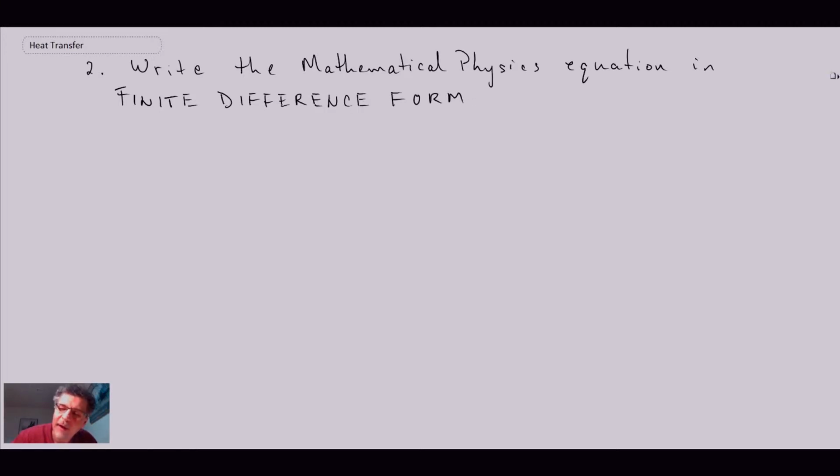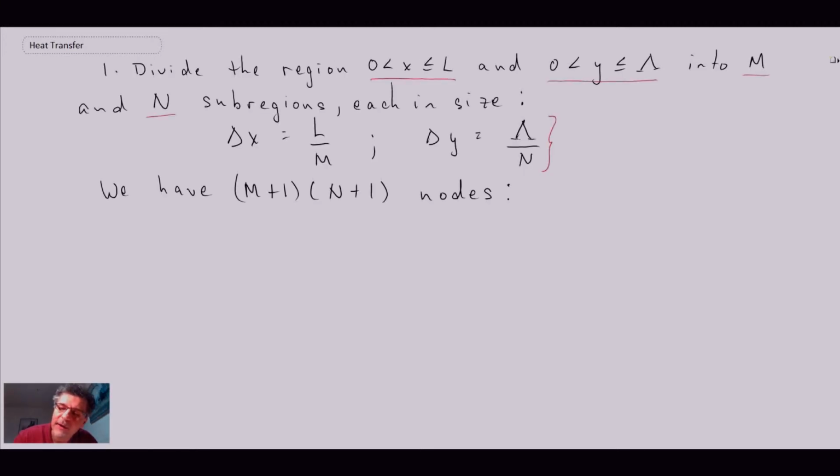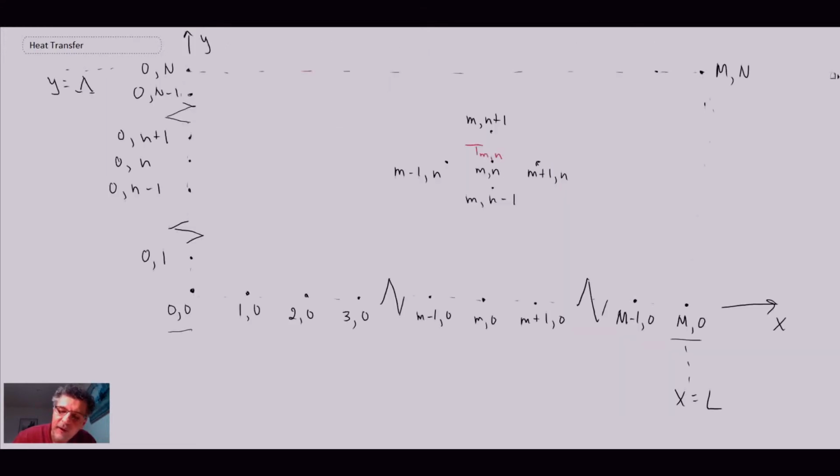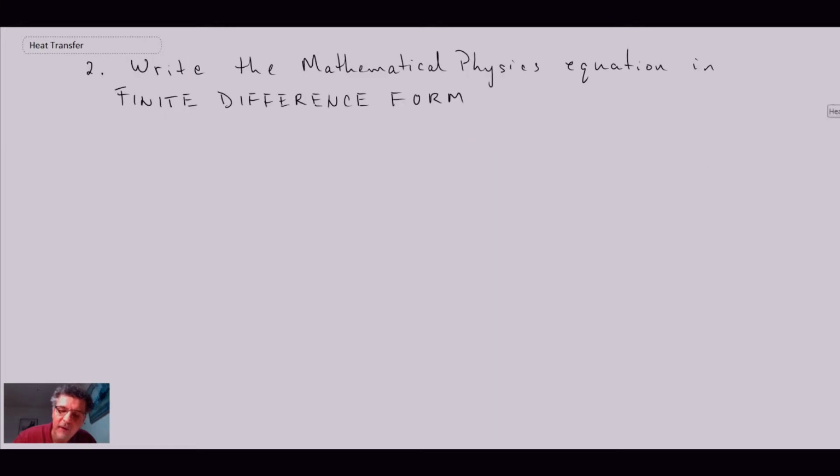If we look back at the heat diffusion equation, which is here, we can see that we have the second derivatives of temperature with respect to the spatial dimension, and we need a way to handle those. So what we're interested in is how to express the second derivatives of temperature in finite difference form. And so that's what we're going to look at now.